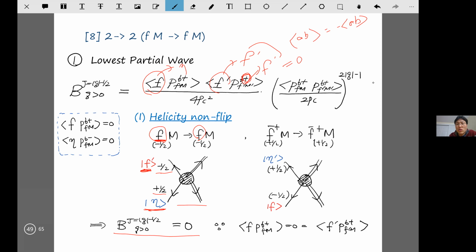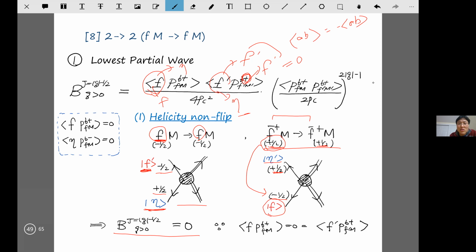Let's do the same thing for this guy. So now I take the positive helicity in the in state and the positive helicity in the out state. Therefore, it is a helicity non-flip process. Again, let me translate this into the out language. That means that for the in state, I need to flip the helicity. So I just have a minus helicity. So taking this massless limit means that for the in state, I have to take the f variable. So here, instead, I take the f variable. For the out state, which is positive, therefore it's the eta variable. So I have to take the eta variable.